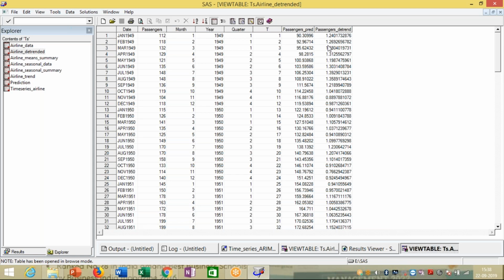Now, another thing that you could have done over here is subtract them, right? You could have subtracted the passengers, and from there you would have obtained this. But the point is, there can be some values which may go negative. Let's say, for example, the actual number of passengers is 118, but the predicted value is 119, right? It is 104, but it is 116.